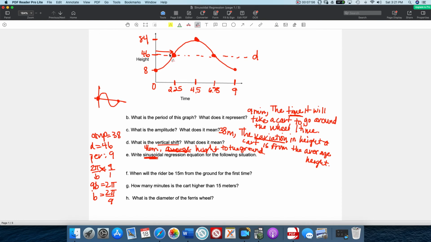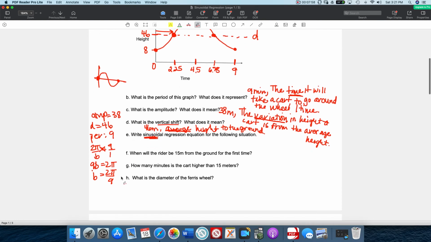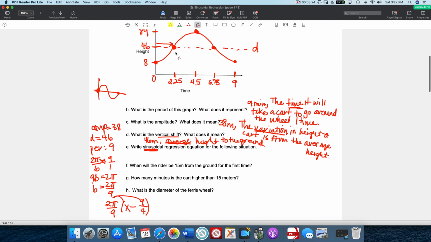We're shifting forward, so minus 2 1/4, which is 9 over 4. So change that to a fraction. And then I've got my 2 pi over 9 here, that's my B. And then when we write our equation, we're going to distribute that out. Something else we've talked about: we're looking at this point and it is going up.